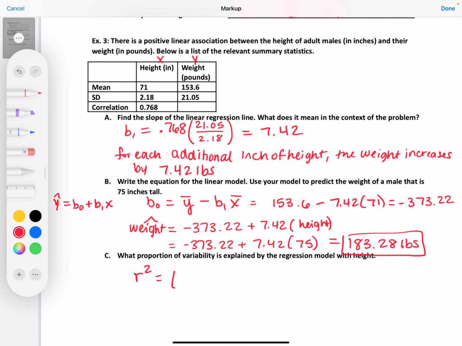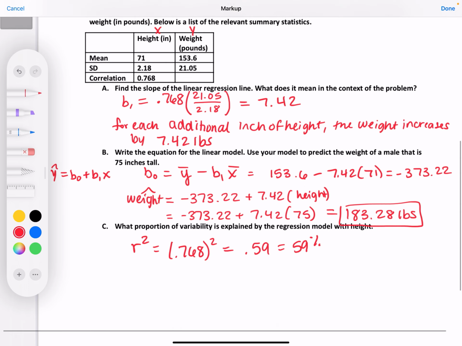So then we have 0.768 squared, which is 0.59, which is going to be 59%.